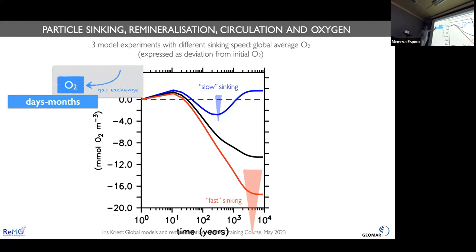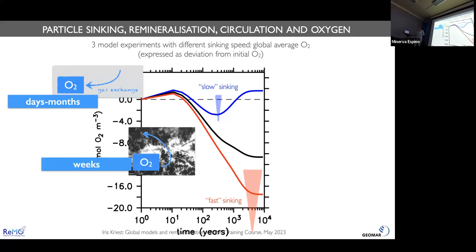So this initial increase is the air-sea gas exchange, and this is happening very quickly. It's quite a vigorous process. But then remineralization kicks in and respires the oxygen in the ocean, and how strongly this occurs depends on the Martin V we put into the model.